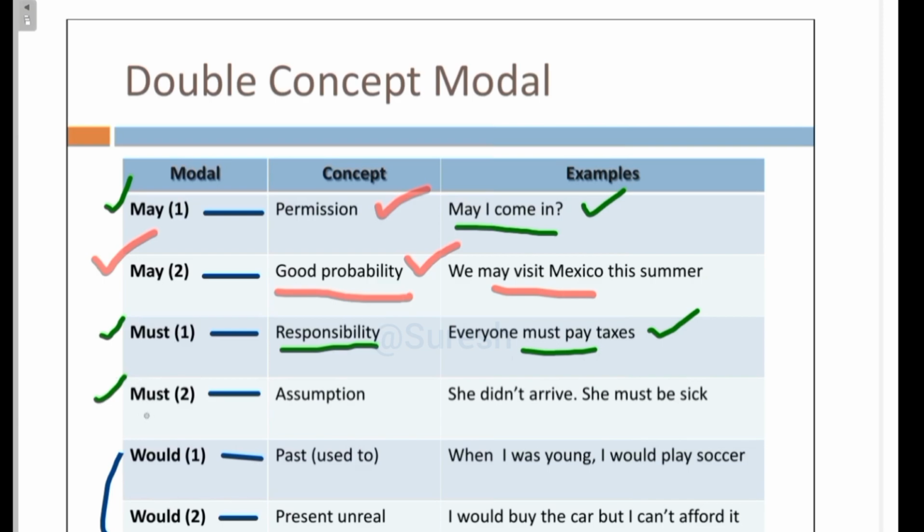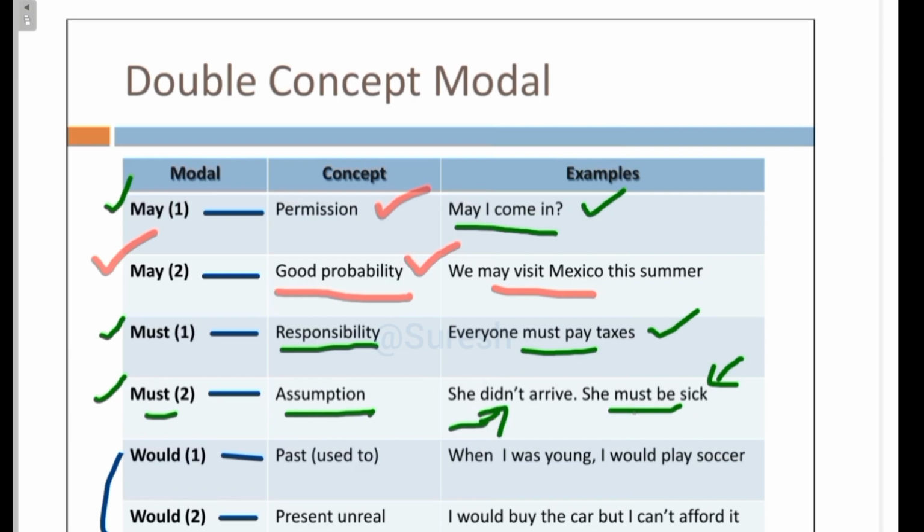And the second concept we see is assumption. She didn't arrive, she must be sick. See, there are two sentence parts actually. She didn't arrive, she must be sick. So she must be sick is the sentence that we want. What is assumption? We may not know the reality, the real answer.